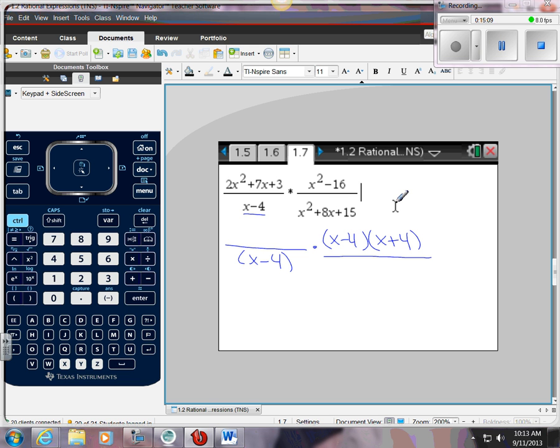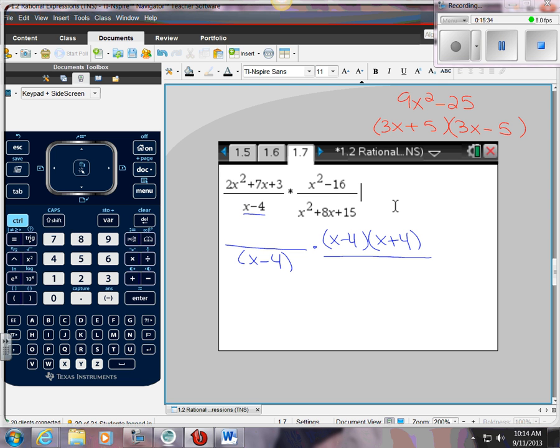Just a little side note here. If I had 9x squared minus 25, how would that factor? Tell me what it is. Good. You guys see how we got that?